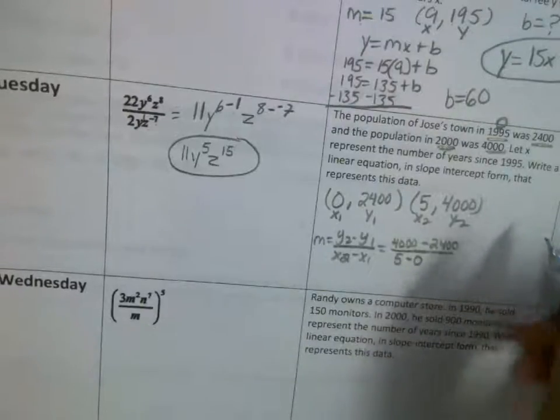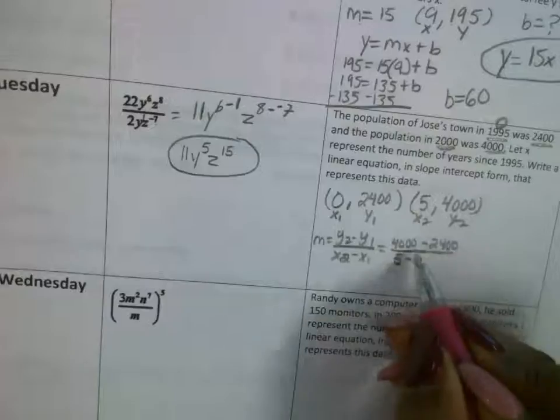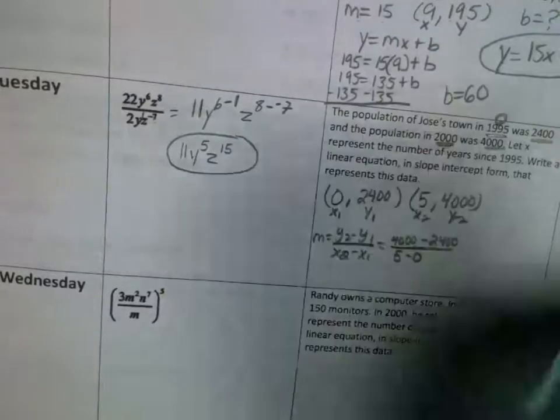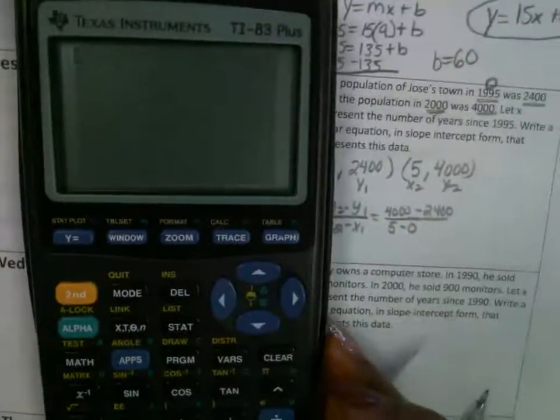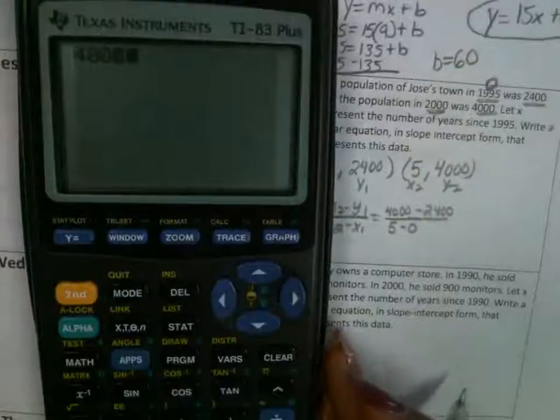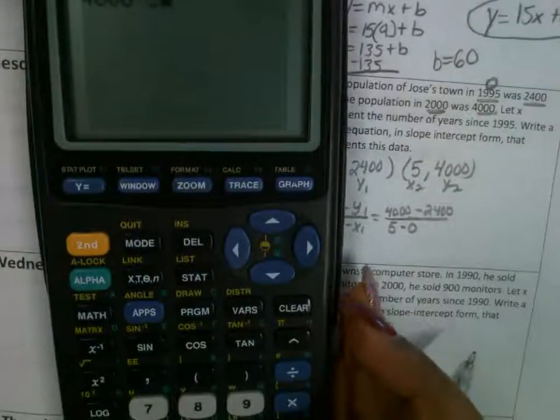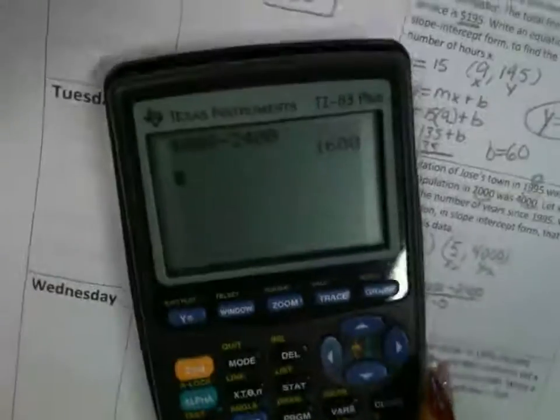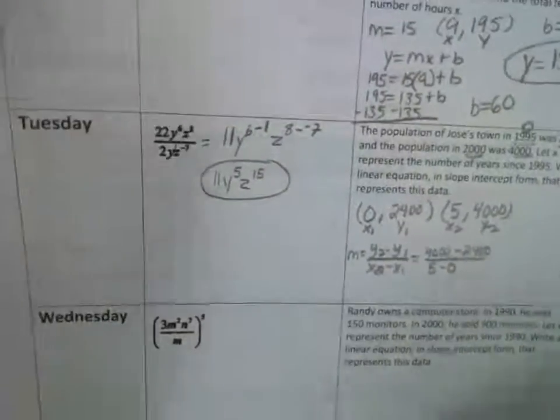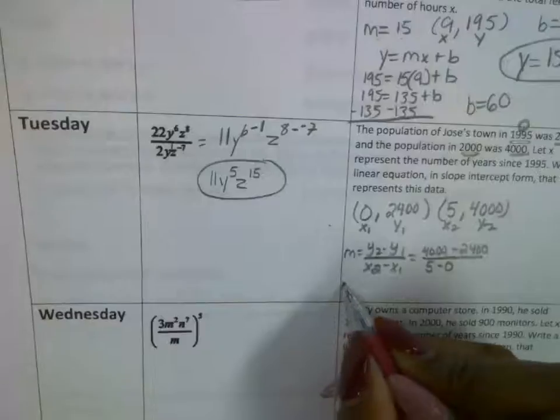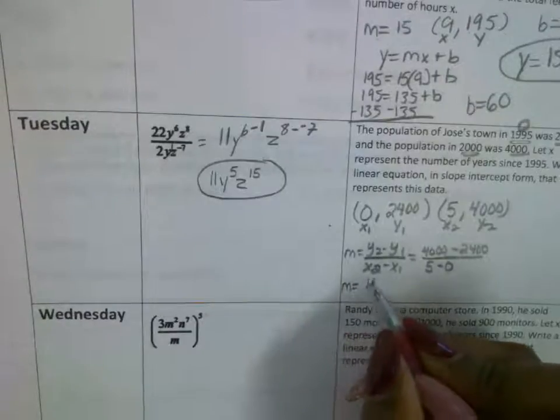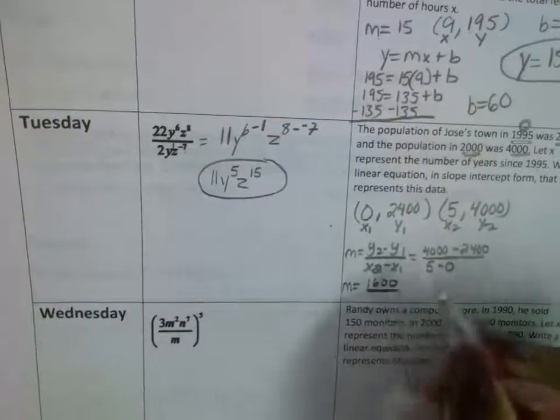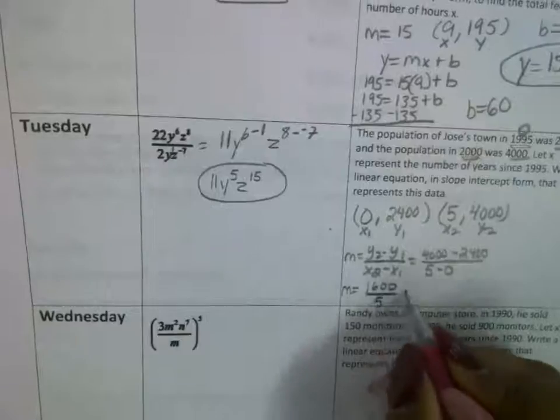So now on the top, what do we get here? What's 4,000 minus 2,400? Type it in if you can't do that in your head. What does that give you? Very good, 1,600. So m is 1,600 on the top, and what on the bottom? 5.